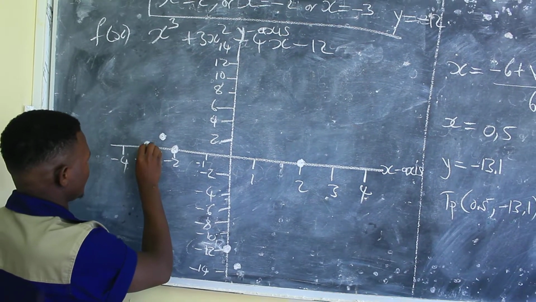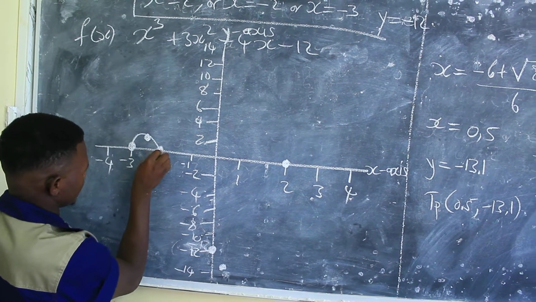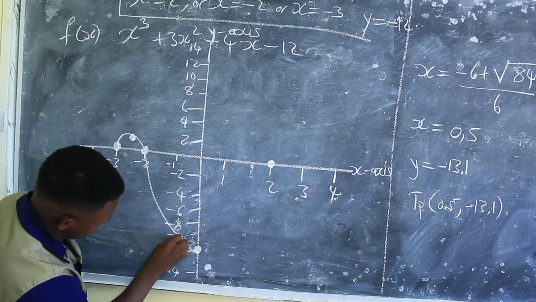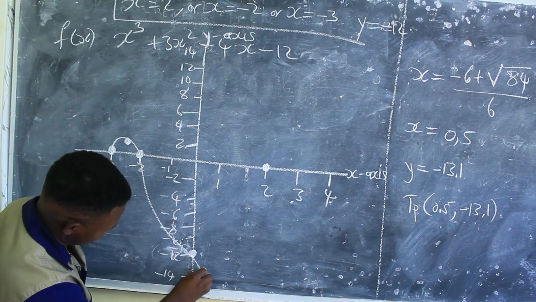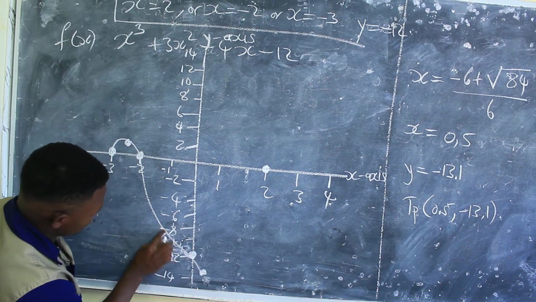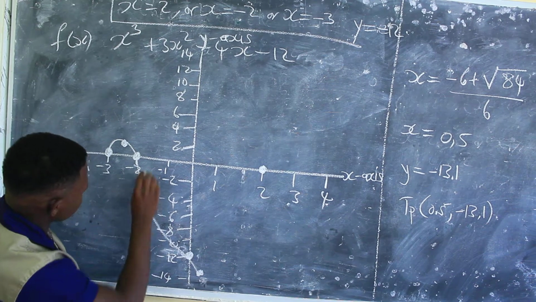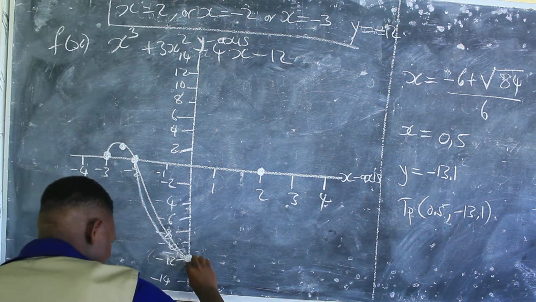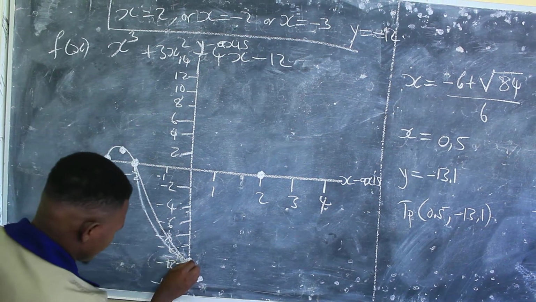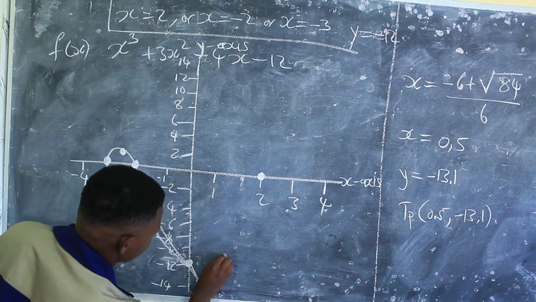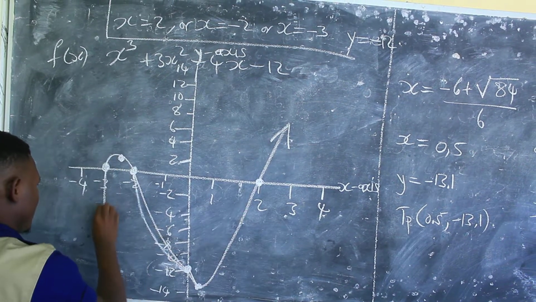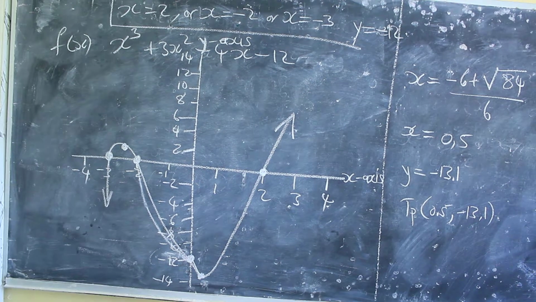It comes here, it turns there, it goes down at 12. My drawing, don't worry about my drawing. I'm not good at drawing. It goes like that, cuts there at negative 12, another turning point, it goes up there, here, that.